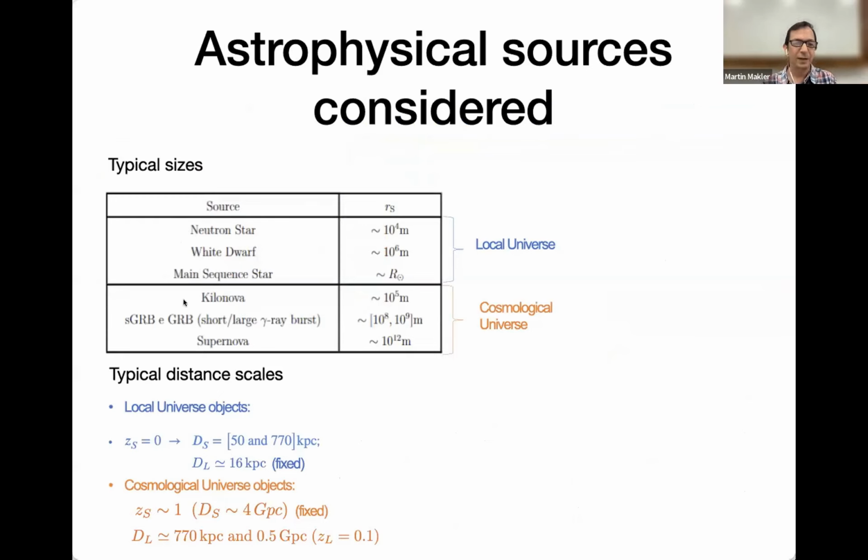We consider sources like AGNs, kilonovas, supernovae, gamma ray bursts, fast radio bursts. And we take some typical distances of these objects and check if any of them would allow the observability of wavelensing in certain wavelength ranges.